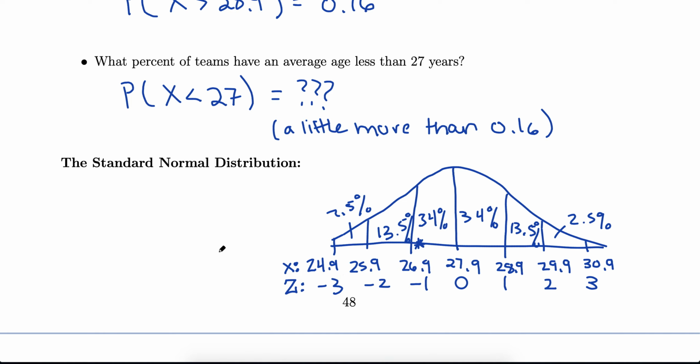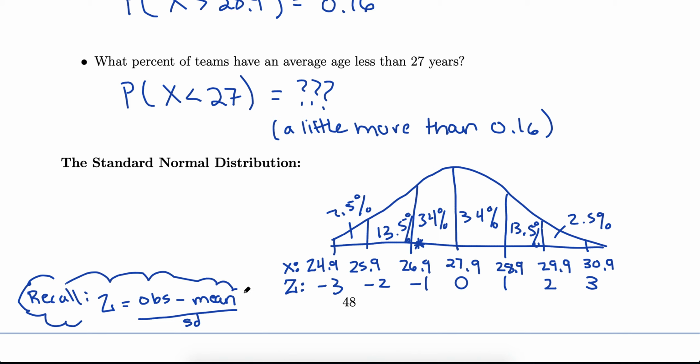And then also just as a reminder how we found those z-scores, I might just say recall z is equal to our observation minus the mean over the standard deviation. So that's how we calculated that kind of common unitless value here.